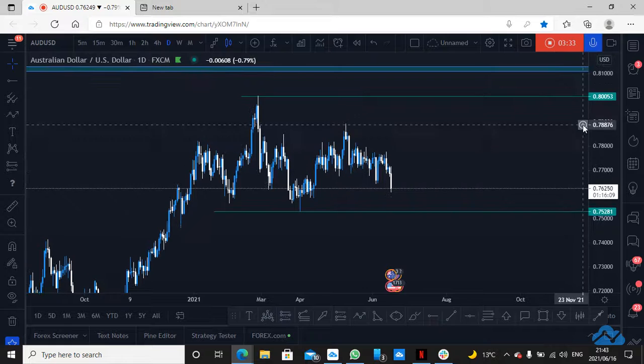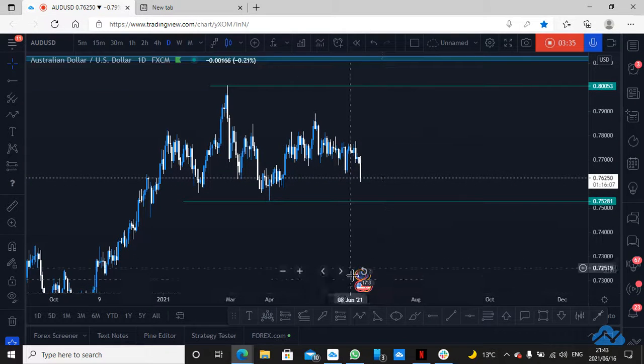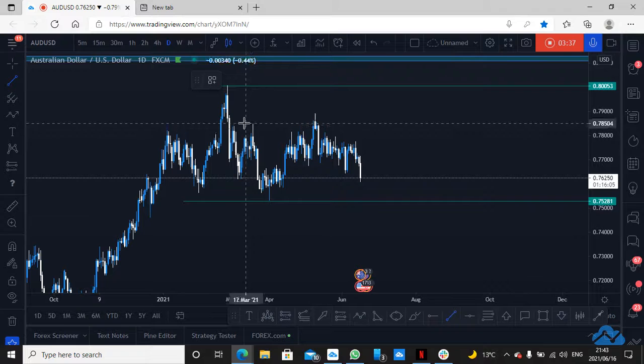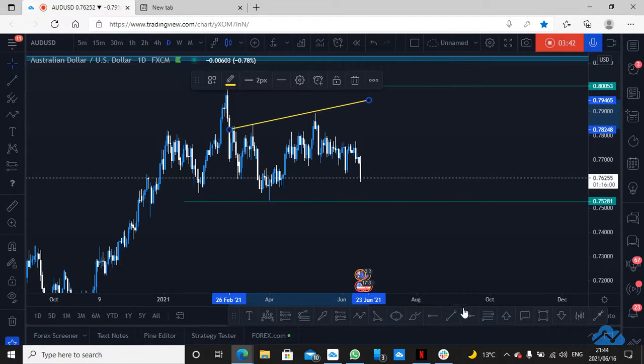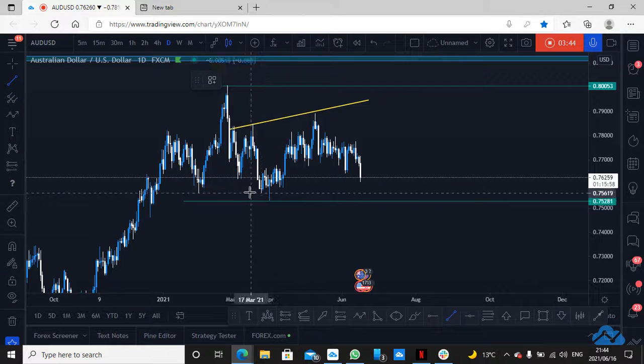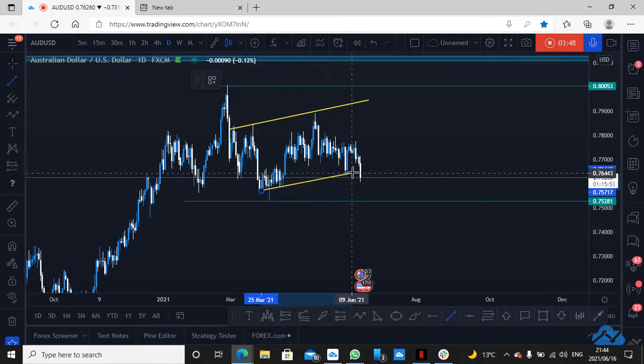As price was correcting sideways, obviously there is still more structure to look at there, guys. This is the structure I was looking at. I was looking at this level here, and this level here, and this level here.